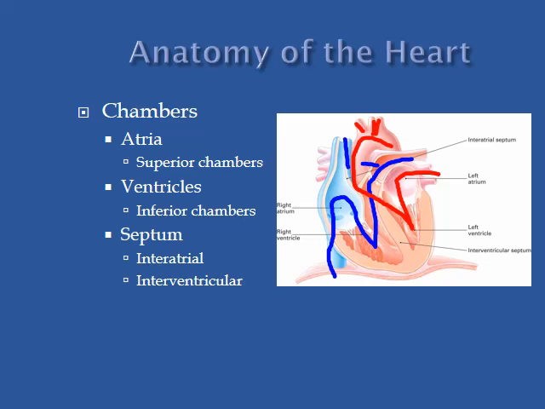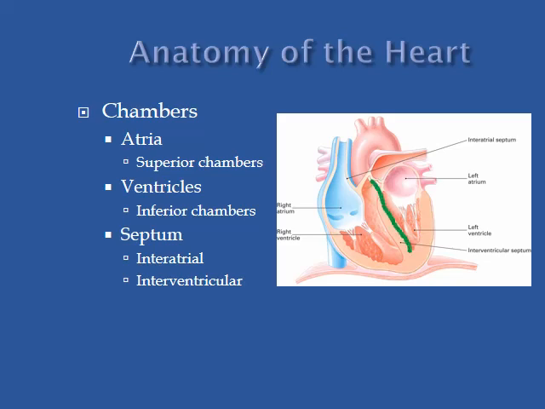There's a septum that separates these chambers. So we've got the ventricular septum, and further up is the interatrial septum. Know these four chambers and the septum. You'll see it on a hands-on anatomy test.